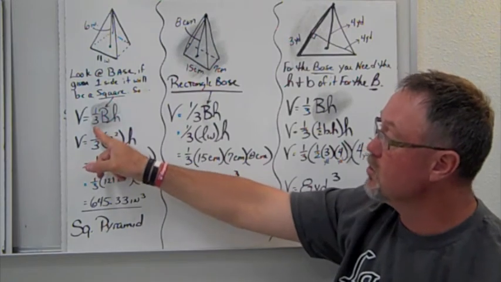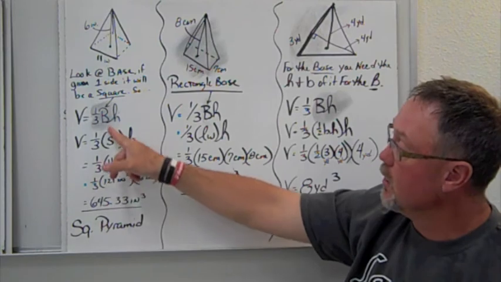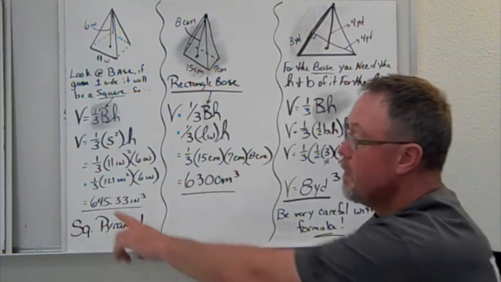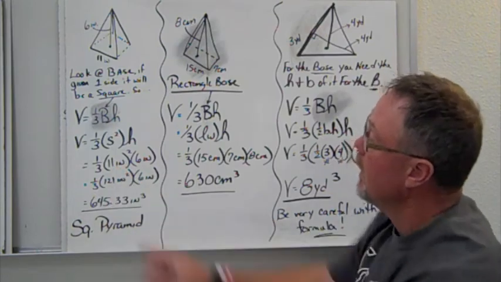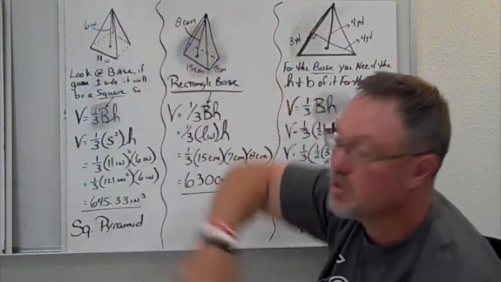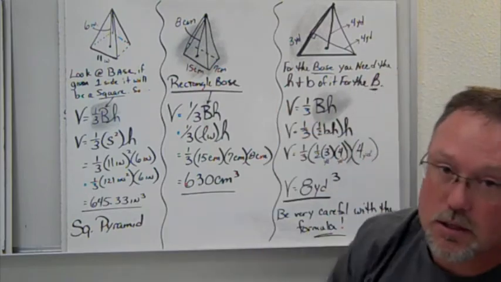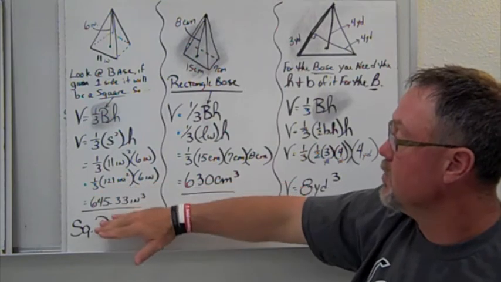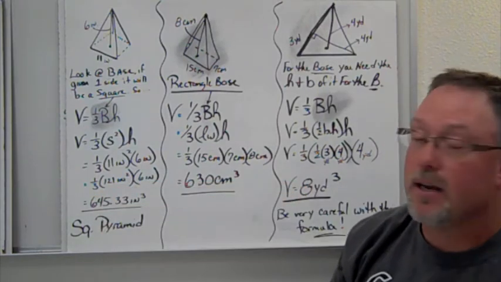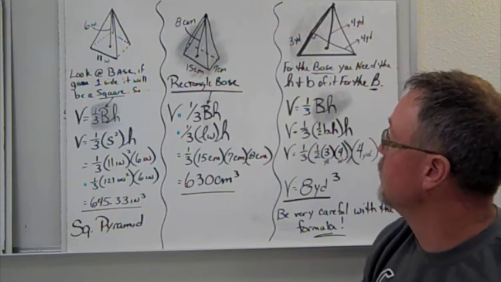So we would use our formula 1/3 times base times height, throw in s squared for the sides, and then we would just put our numbers in. So s squared is our 11, and then the height will generally be shown by a dashed line, but sometimes it's just a solid line. Multiply your numbers, divide by 3, and that gets your answer. And again, we'll deal with the rounding as we go.